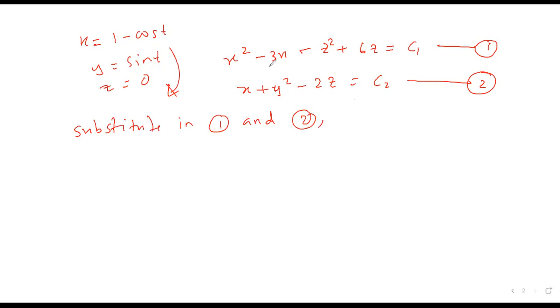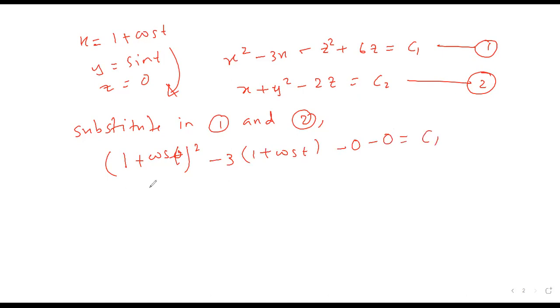First, if you substitute in the first equation, you will get 1 plus cos t. Sorry, I'm always saying theta. 1 plus cos t whole thing squared minus 3 times (1 plus cos t). Again, z is equal to 0, and that is equal to C1.